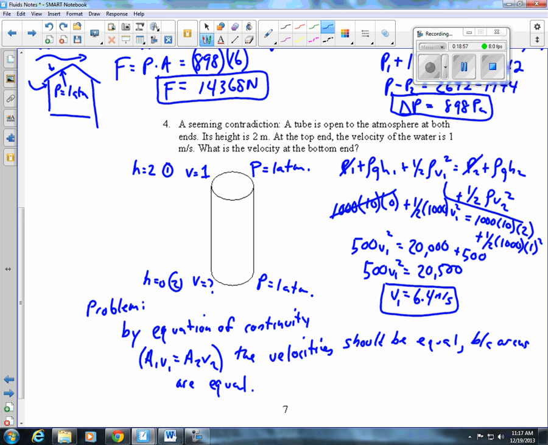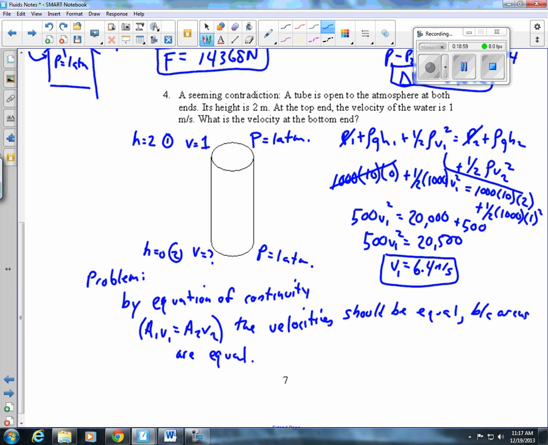And I looked at that and I got really confused, and I started looking in books to try and figure this out, and I couldn't find it anywhere because these two equations, Bernoulli's equation and the equation of continuity, are giving me different answers. And I had trouble trying to figure out, they're both right, so what's going on here?